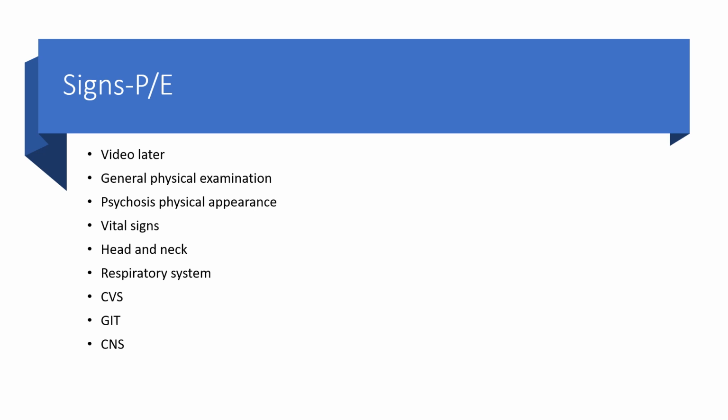Of course, the respiratory system, cardiovascular, gastrointestinal, and full neuro. Don't worry. Continue to be a faithful follower of this channel. I will be producing videos on physical examination later on, giving details of all this.